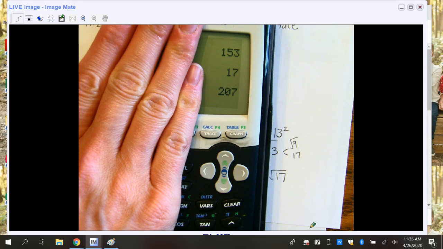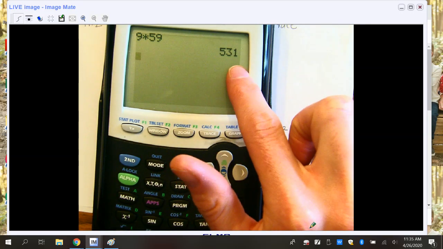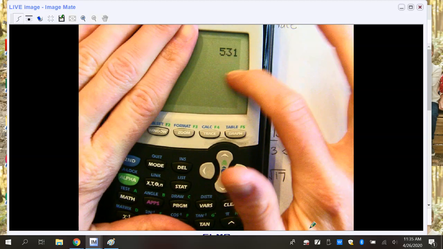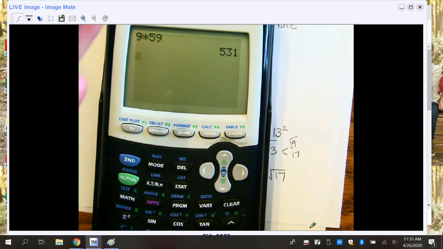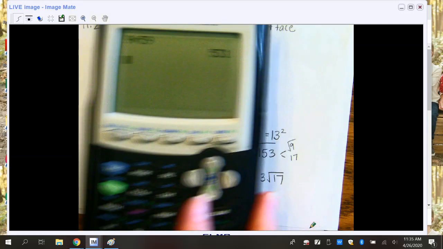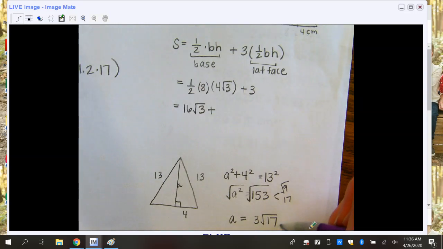If they add to 9, then 9 goes into it. So like all these weird numbers like that. So 531, 5 plus 3 is 8, 8 plus 1 is 9. So I would know that 9 goes into that. So when you get these kind of weird looking numbers, they're just not as common. That's a quick way to see if 9 goes into it. Little trick. And so that would be our slant height.